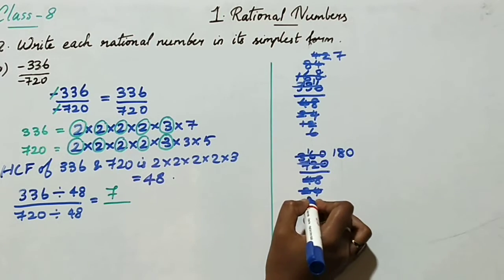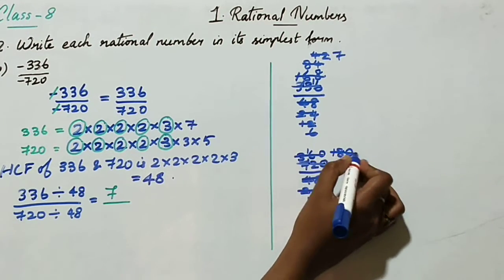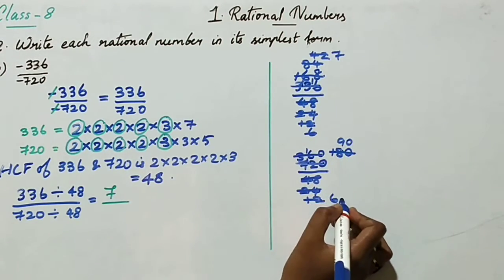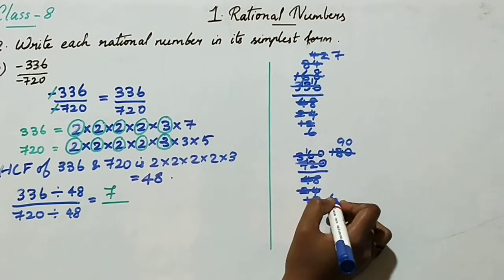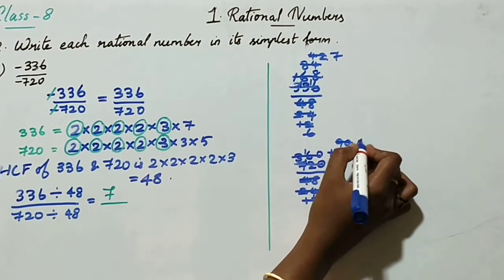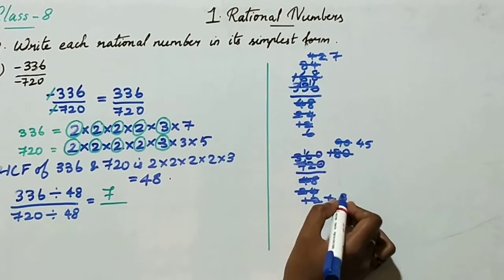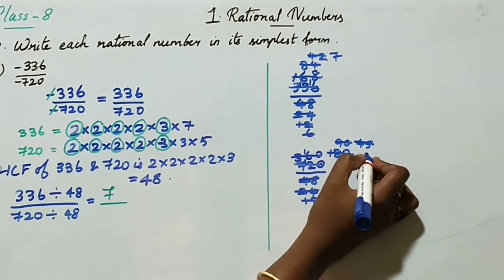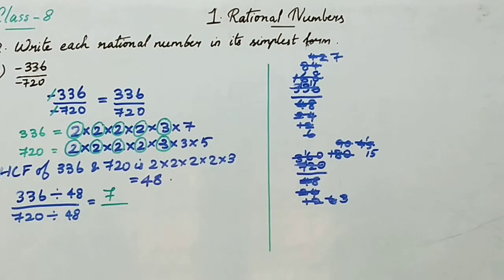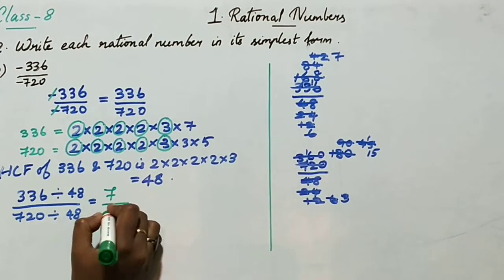Here it is 1 2 is 2, 2 2s are 4. Again second table, 9 2s are 18, 0. Here it is 6 2s are 12, right? So again in second table, if I cancel, this is 3 2s are 6. Here it is 4 2s are 8, 5 2s are 10. Now third table, 1 3 is 3. Here it is 1 3 is 3, balance 1, 5 3s are 15. So that is 15, right? So here in the denominator I'll have 15.